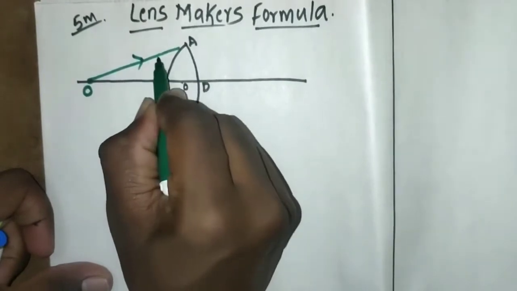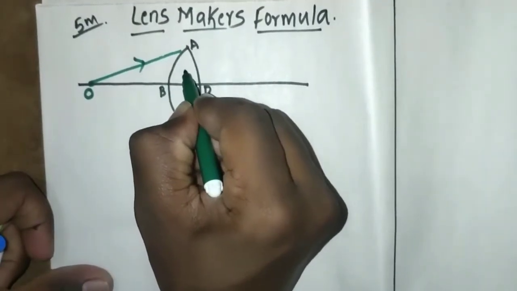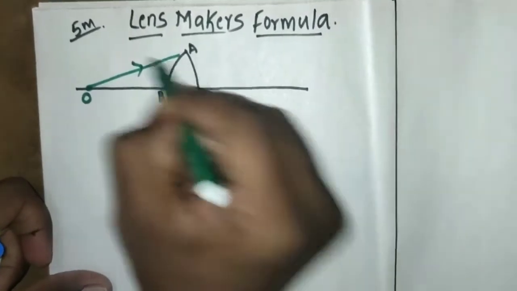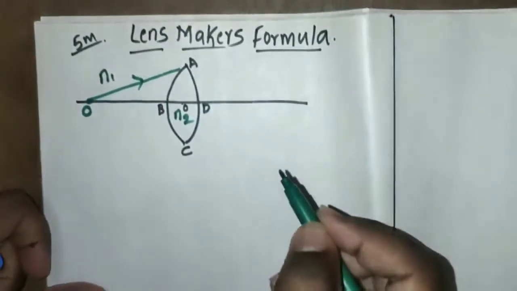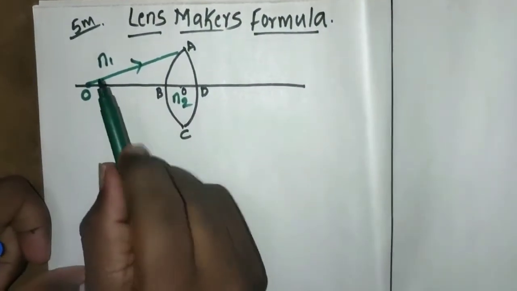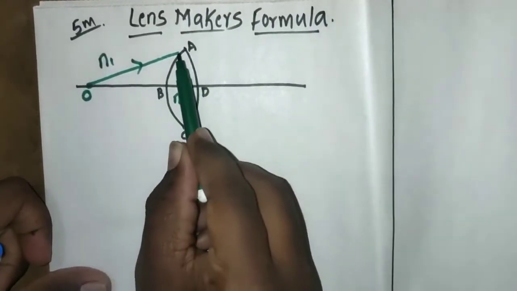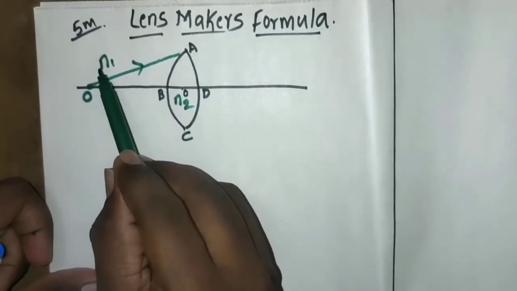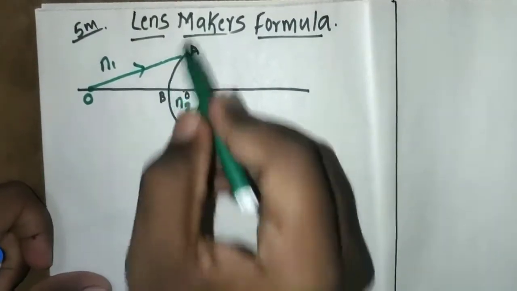The medium present in the lens is n2, and the surrounding medium is n1, that is the air medium. In two different mediums I have placed a thin convex lens. This is the air medium, and this is the lens medium or glass medium, that is n2.